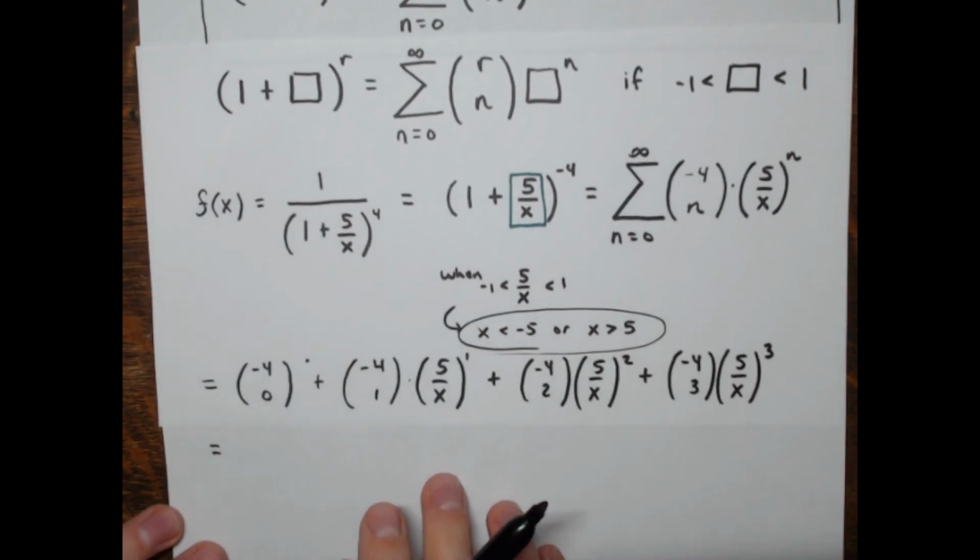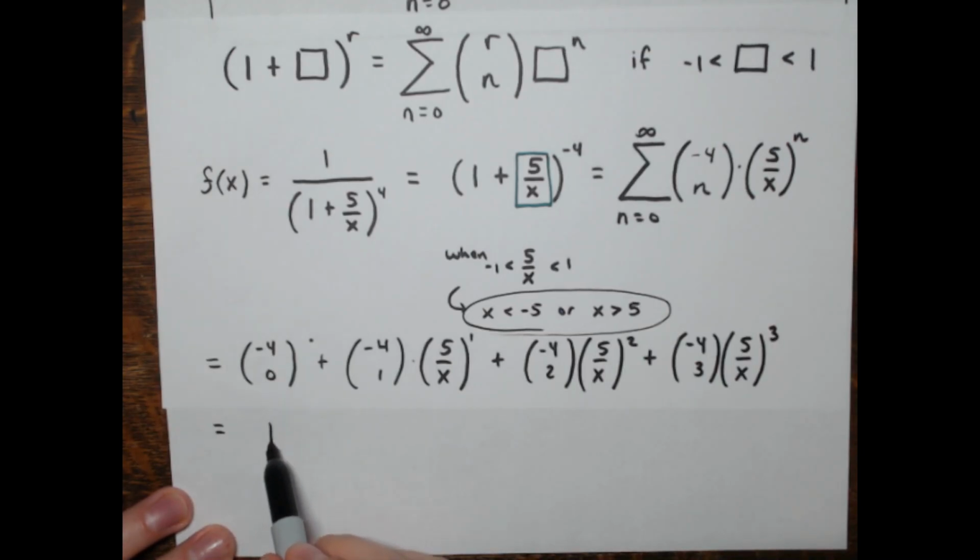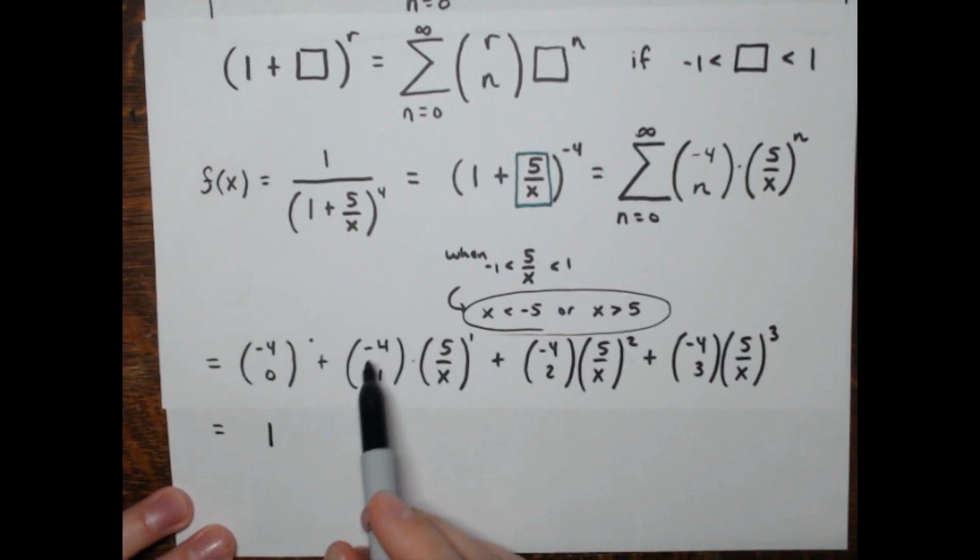Now remember I said earlier, if this lower value is 0, this is 1. Then -4 choose 1 is to start with -4 and have one factor, divided by 1 factorial. So this is just minus 4 times 5 over x.